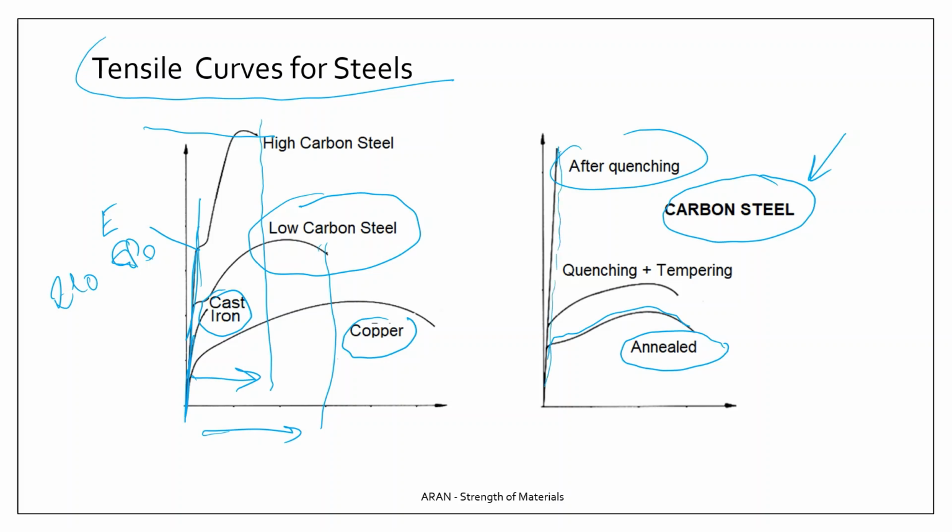You see curve number 1 and curve number 2 are the same material with the same chemical analysis, completely different. If you take the quenched steel and temper it, then, well, you see the stress-strain curve can be adjusted by making different tempering processes.